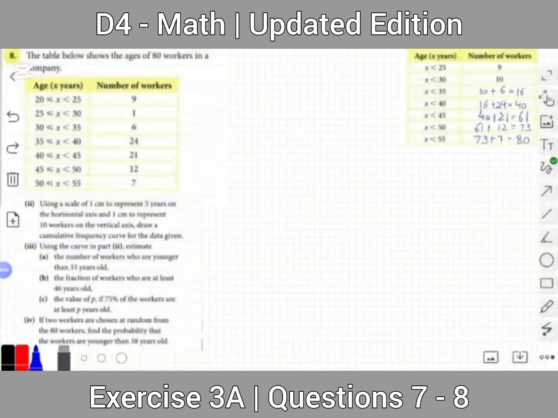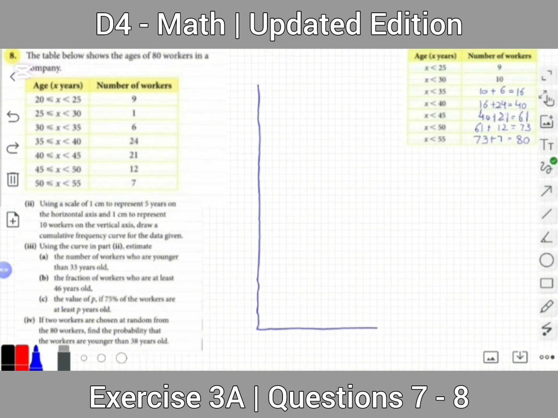Now in part 2, using a scale of 1 centimeter to represent 5 years on the horizontal axis and 1 centimeter to represent 10 workers on the vertical axis, draw a cumulative frequency curve for the given data. So here we will draw a y-axis and x-axis.